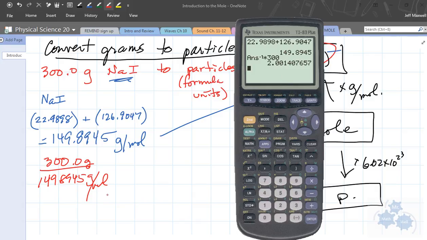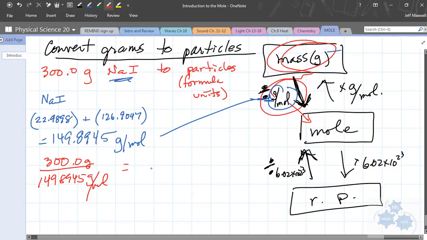Okay, so that's 2.0014. And what's that going to be? Moles of NaI. Again, good idea during the question to make sure you note what these numbers are, because you're going to have a whole bunch of numbers flying around and you might forget what they are, or grab the wrong number when you're doing a calculation.